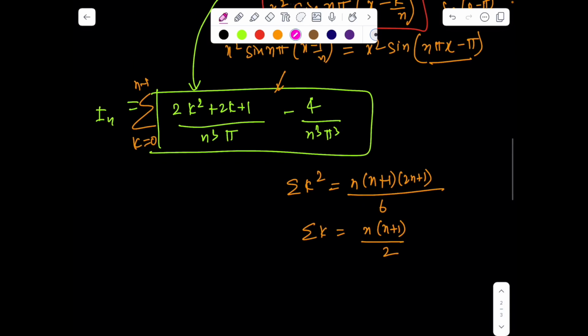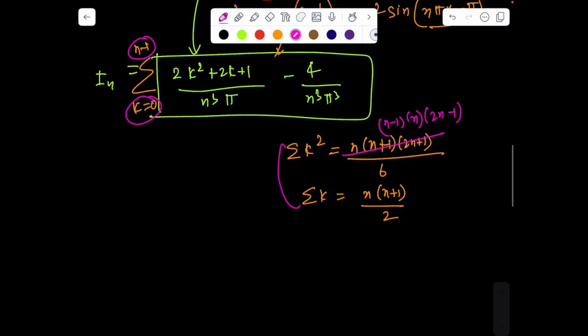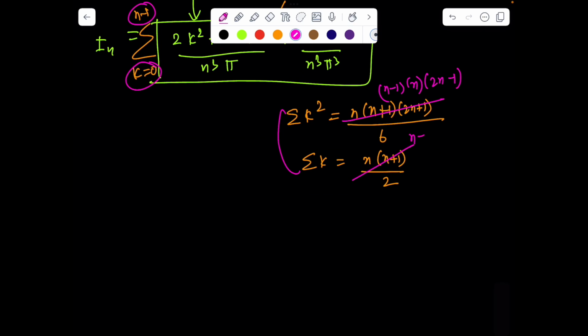So with these two pieces of information, and remember we have to take k from 0 to n minus 1, I'll replace n with n minus 1. So this quantity will become n minus 1 times n into 2n minus 1 by 6. Similarly, this is going to give you n minus 1 times n by 2.